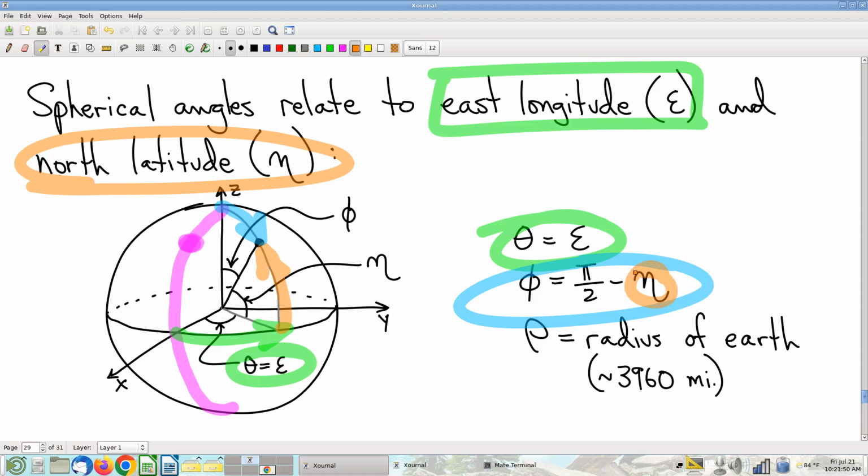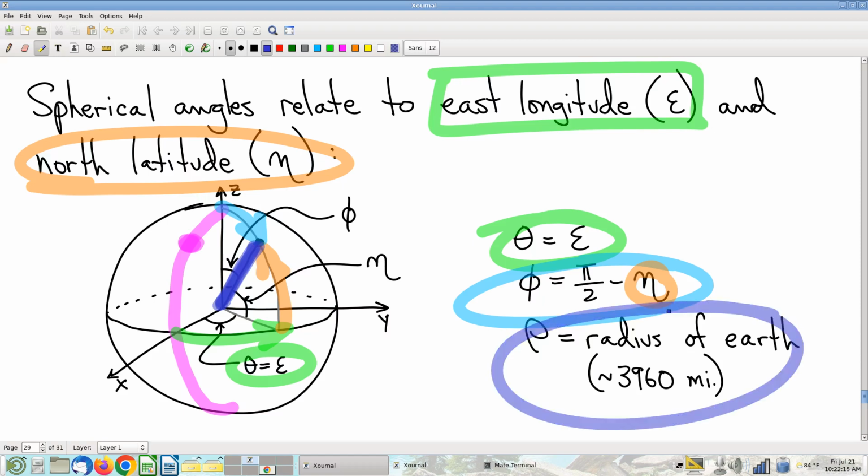Is that cool? Combine that with the fact that your distance from the origin, if you have the planet arranged as we have here, is the same as distance to the center of the Earth, which is the radius of the Earth, because the Earth is basically a sphere. Not exactly, but close enough. And so rho is also something we can just write down. So, neat fact: if you know the longitude and latitude of a point on the surface of the Earth, you can immediately write down its spherical coordinates like so.